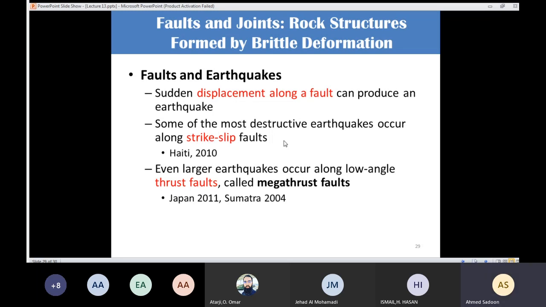And something like that took place in Haiti in 2010. And even larger earthquakes occur along low angle thrust faults. Or if the angle is very low, we are going to call this a mega thrust fault. An earthquake like this one took place in Japan in 2011 and in Sumatra in 2004.